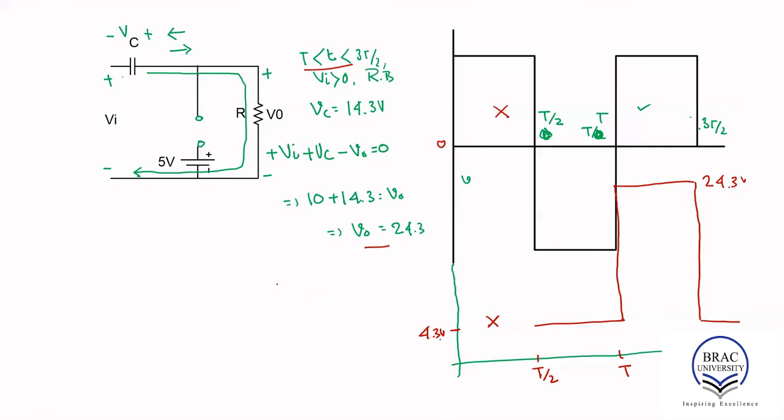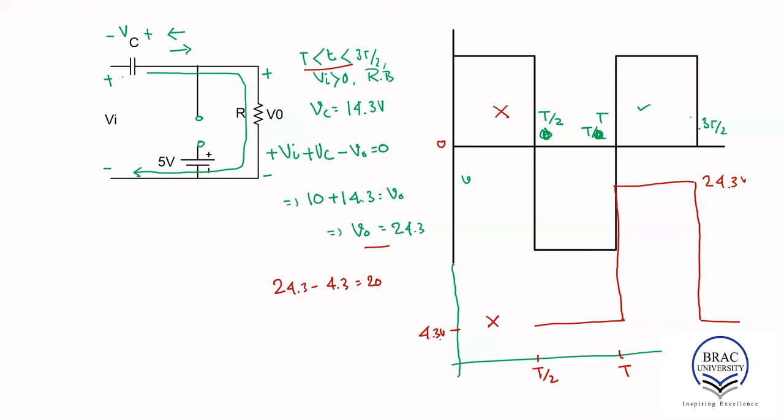So that means the peak to peak difference is 24.3 to minus 4.3. You see what we did? As if we grabbed the signal and pulled it up by 14.3 volts.